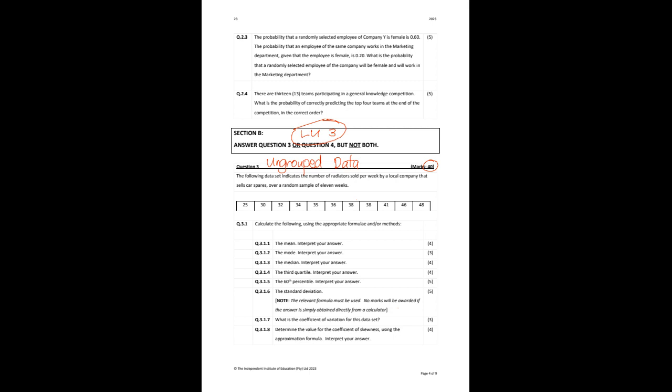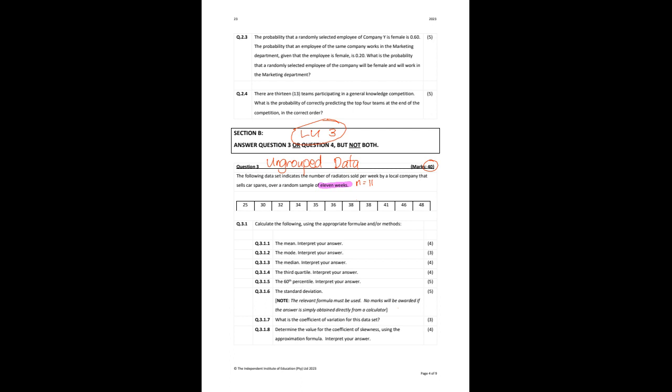So the first question here says that the following data set indicates the number of radiators sold per week by a local company that sells car spares over a random sample of 11 weeks. So they've also indicated to you just from that your sample size, which is denoted by the letter n, is 11.